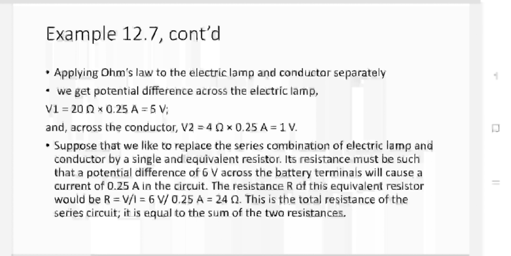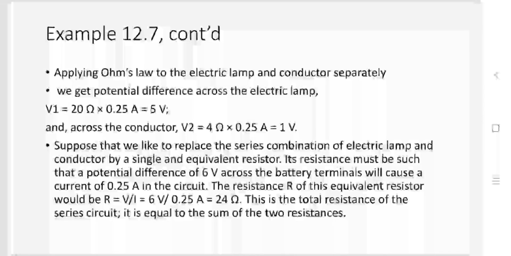So V1 equals IR, 0.25 ampere into 20 ohm. So the voltage drop would be 5 volt. The voltage drop across the second resistor, the 4 ohm conductor: again V equals IR, I is the same 0.25 ampere into the resistance 4 ohm. So it would be 1 volt.